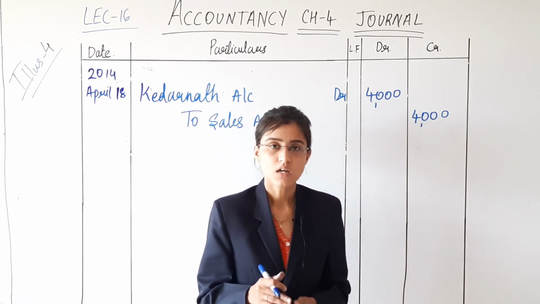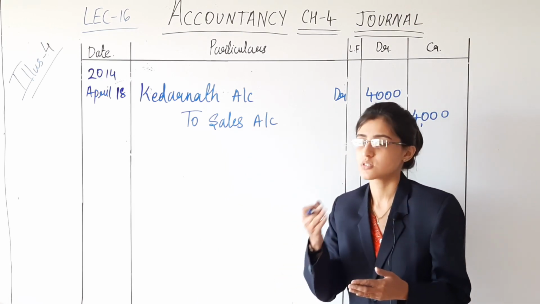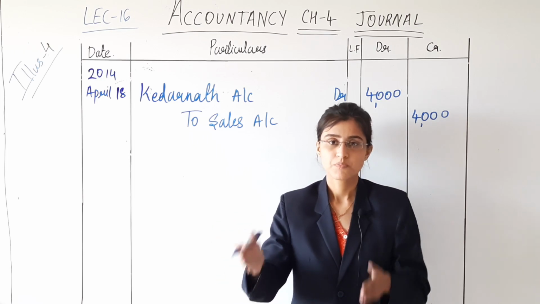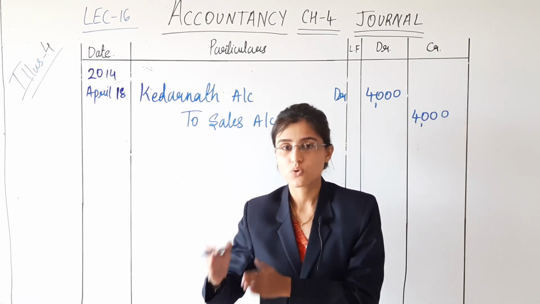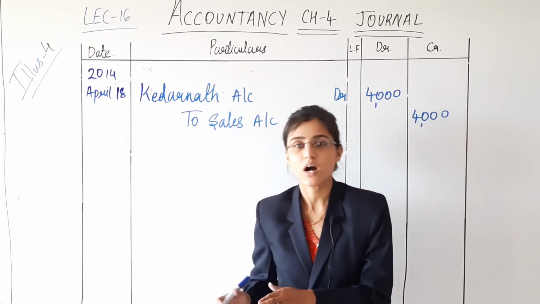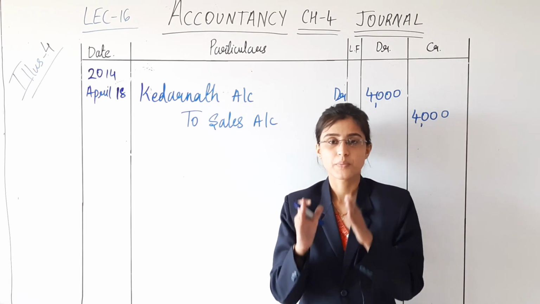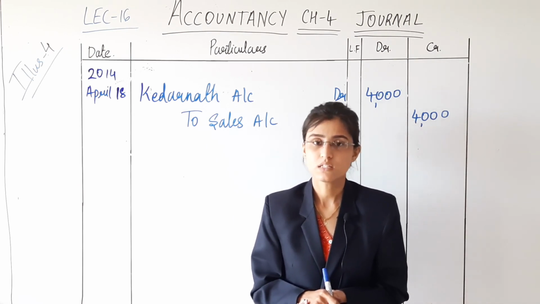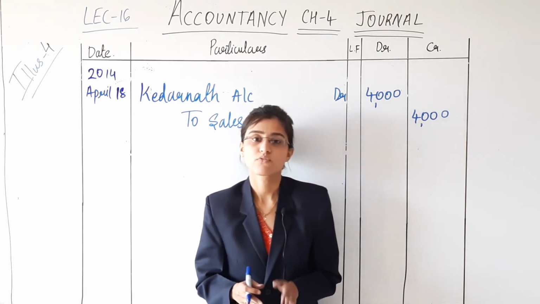As I said, purchase account is credited in this type of case if goods are withdrawn for personal use. If goods are given for advertisement, charity, donation, or lost by fire, during this time the purchase account is credited, and loss is debited as per the rules of nominal account.